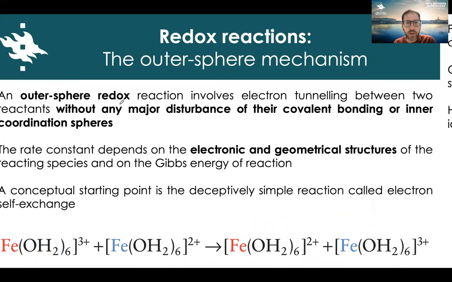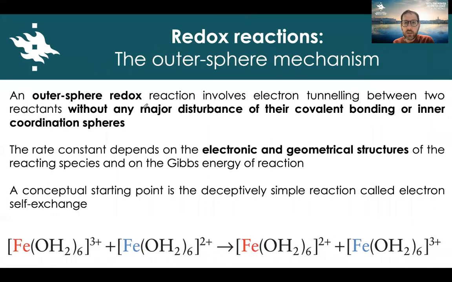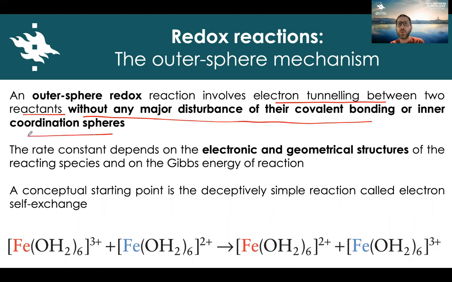For the outer sphere mechanism, this involves electron tunneling between the two reactants. So there is no disturbance in the covalent bonding or inner coordination spheres, and there is no formation of a bridging ligand. The complexes come into close contact, and then there is a change in the bond lengths and angles, and then electron tunneling occurs without sharing a ligand.